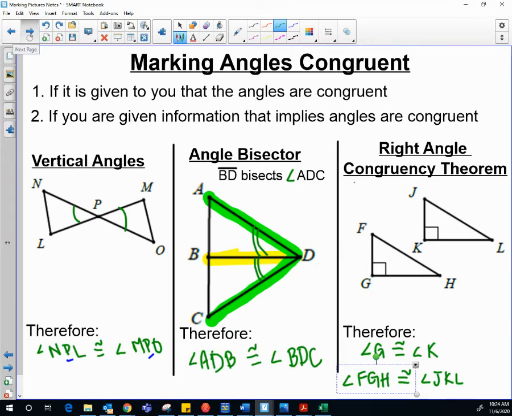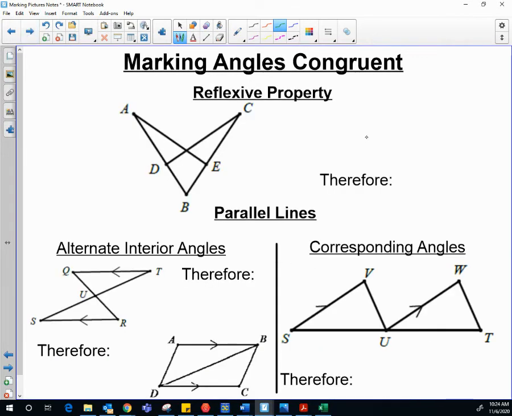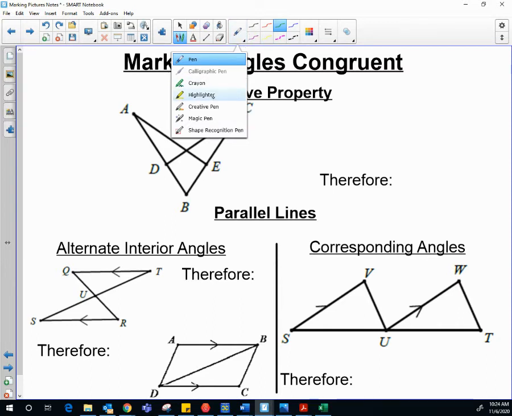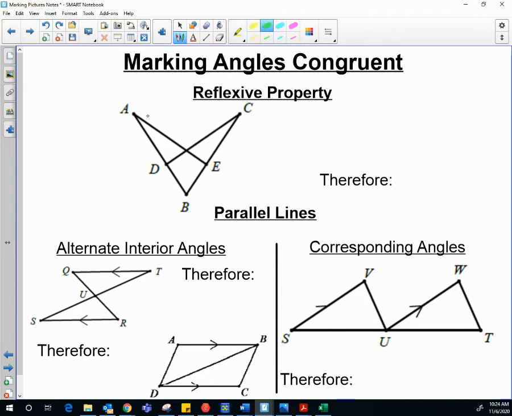And then we have some more. Another way to mark angles congruent is you have reflexive angles. So the reflexive property with angles works here. And so when we look at these, I'm going to highlight, we have this triangle. Okay. And then we have this triangle. And so they overlap right here at this angle here.